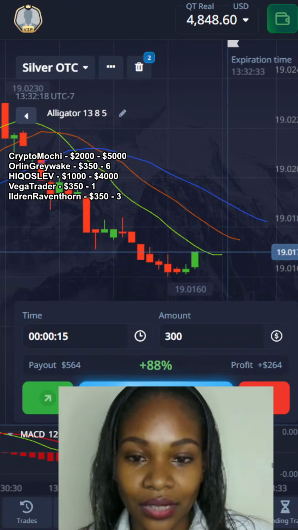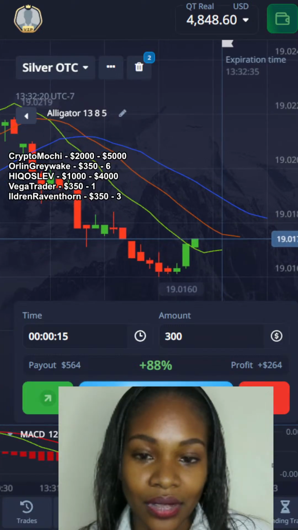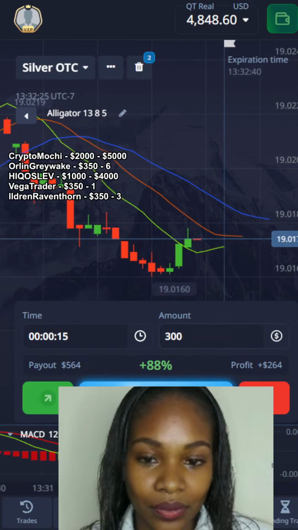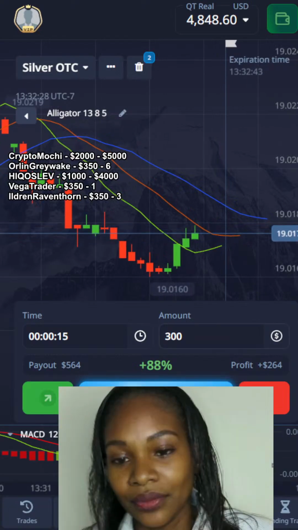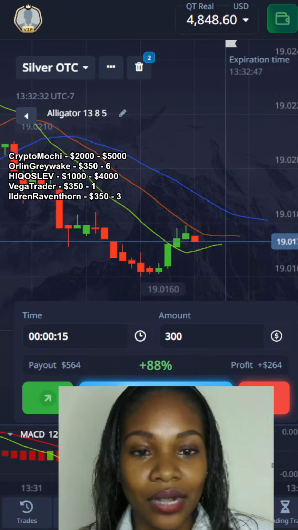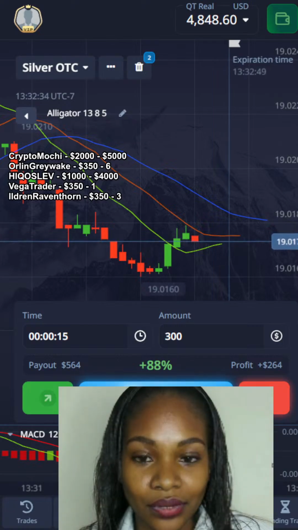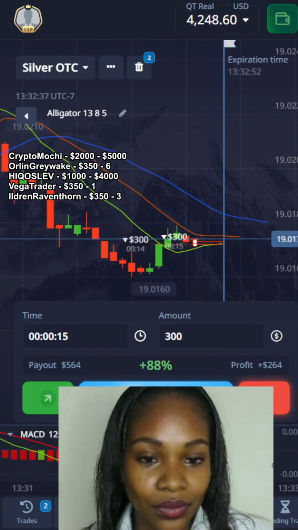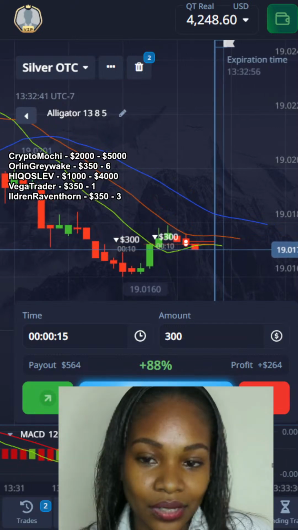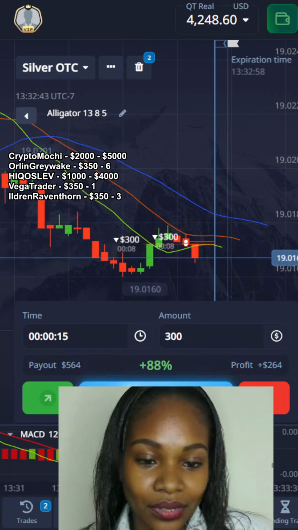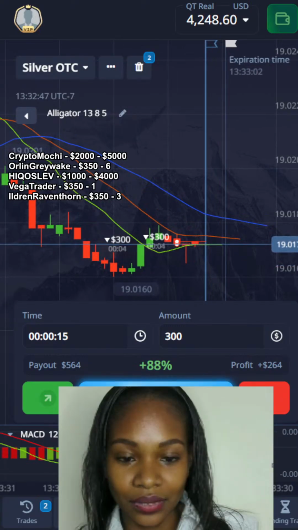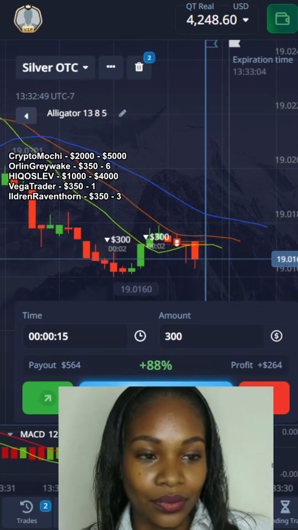If I'm a trader who trades at a pullback, I place my trades there at a pullback. If I'm trading with the trend, definitely I will wait for that bullish candlestick pattern to be formed. Then I place my trades over there, right? So that is one of the things that I look out for.